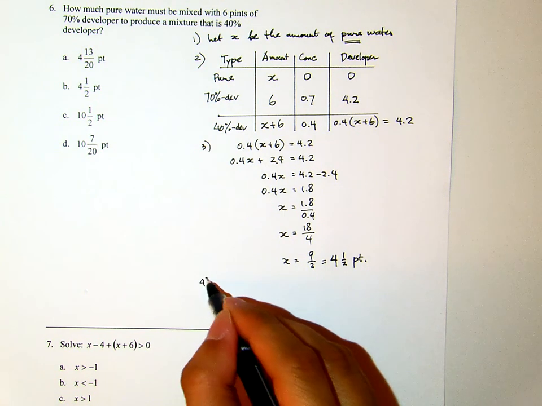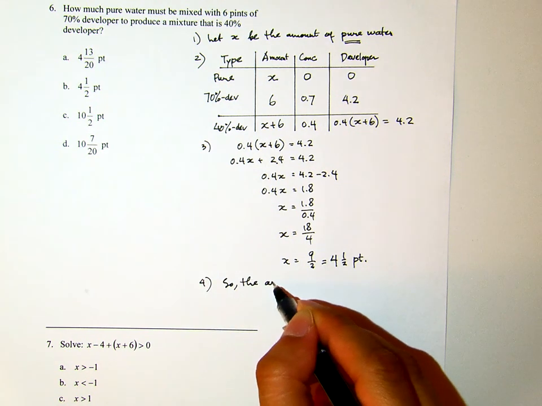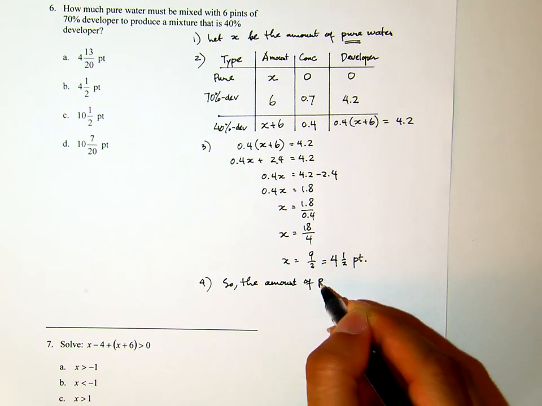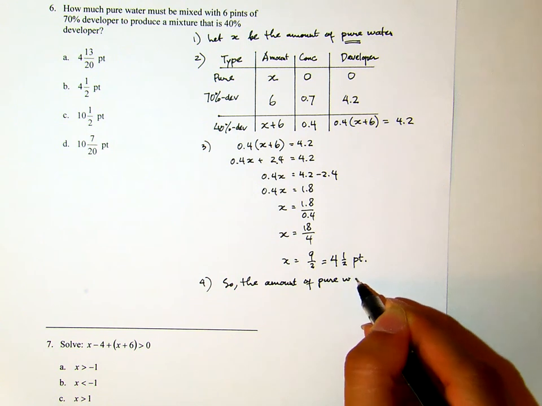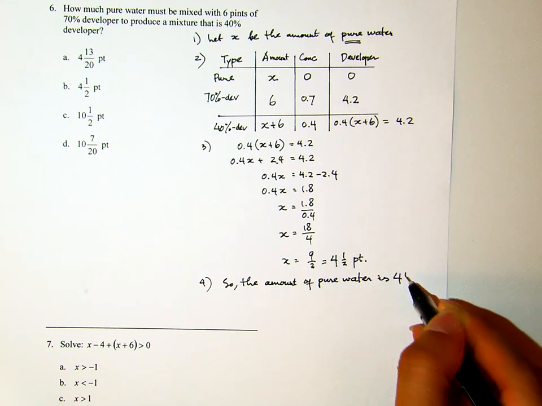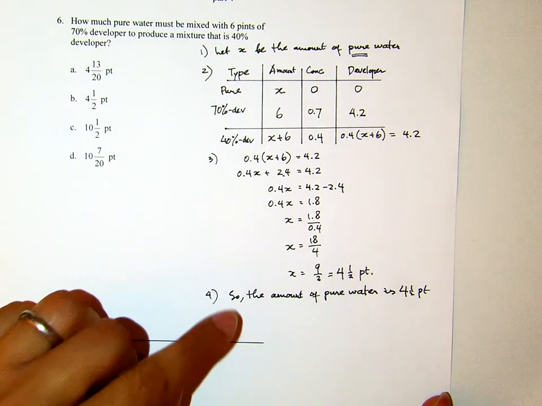So the amount of pure water is 4.5 pints. Of course, in your real test, don't do this anymore.